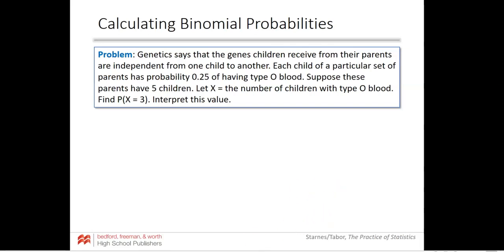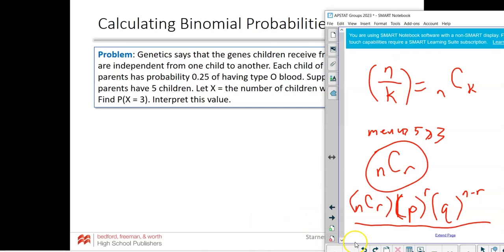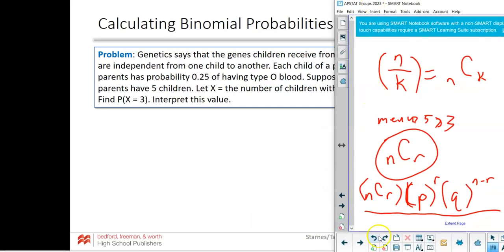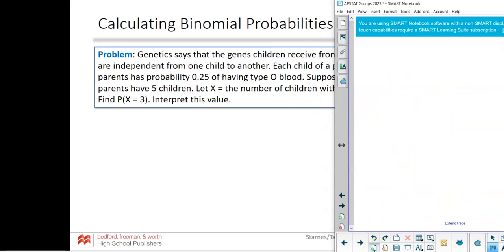So let's do this by hand, maybe first if we can. So we want to find exactly 3 times. So using NCR, I'm just going to write the formula, NCK times P to the K. It just helps me to see it. Q is 1 minus P, to the N minus K. So this would be NCR, so it's 5 trials.